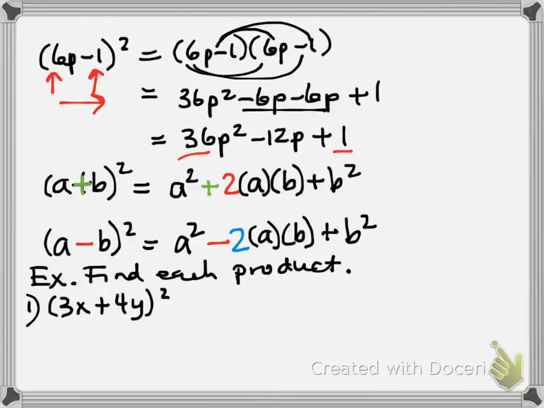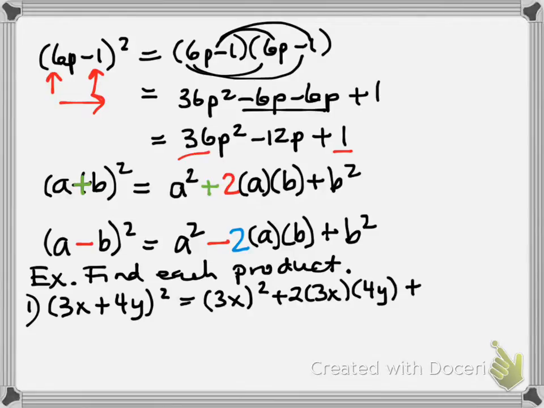Savannah. 9x squared plus 24xy plus 16y squared. That's the answer we're looking for. This is how the pattern works. First term, squared. Plus because it says plus. Double the product of the 2 terms.